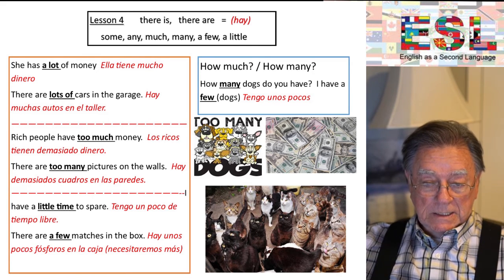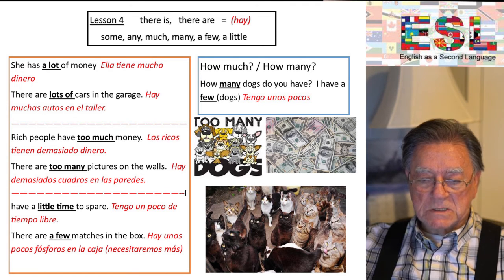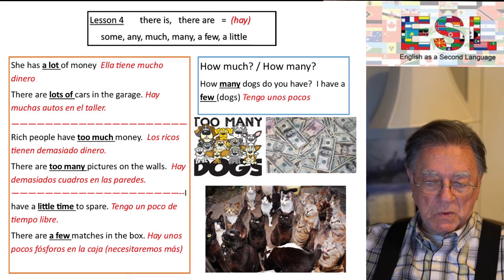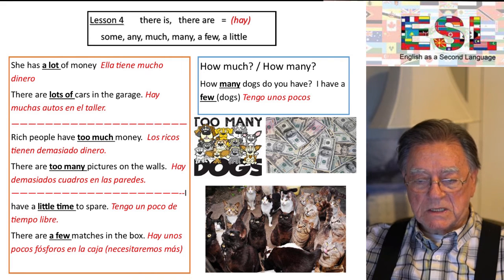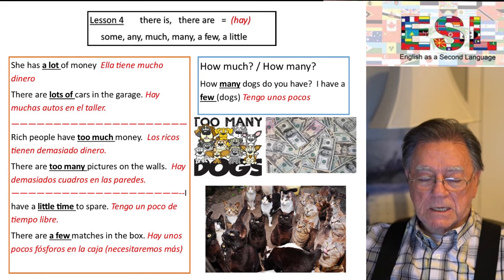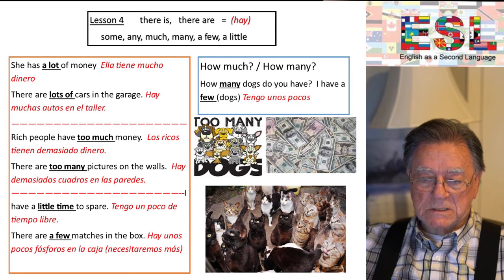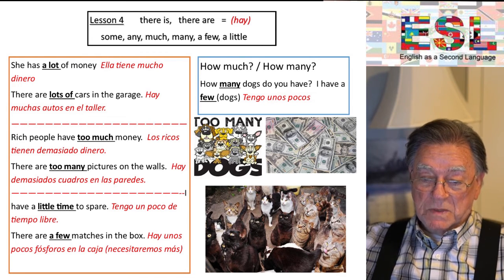And then another one. There are a few matches in the box. In Spanish, hay unos pocos fósforos en la caja. And that's the idea, que necesitaremos más. There are a few matches in the box, but we probably need more.